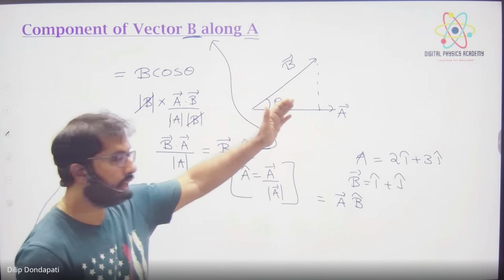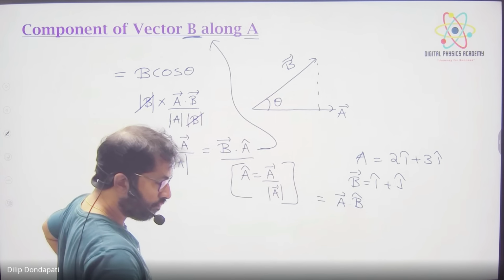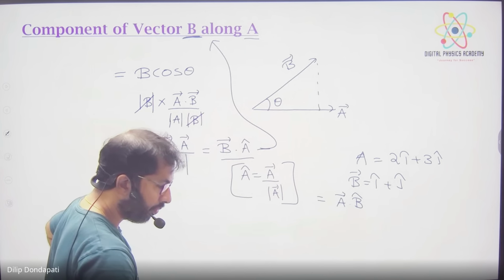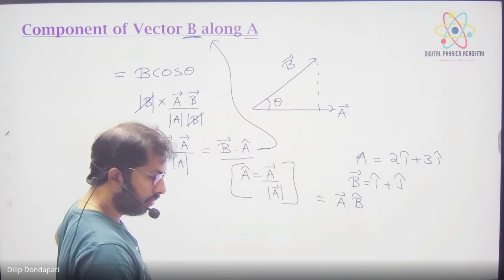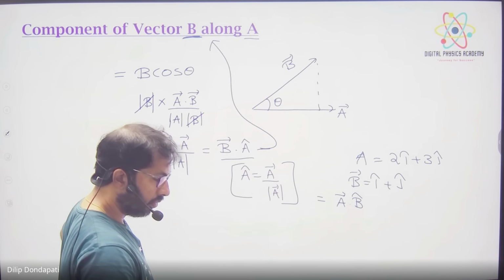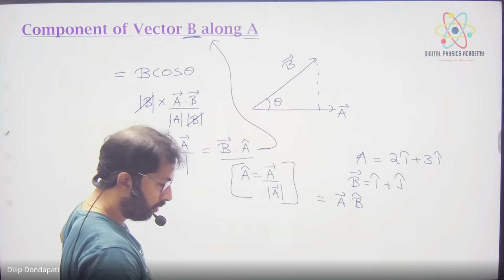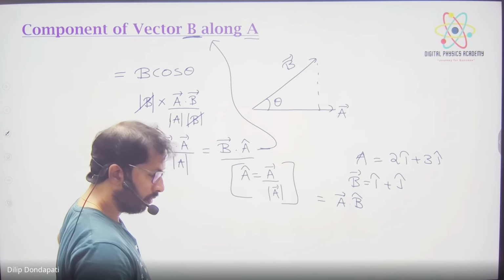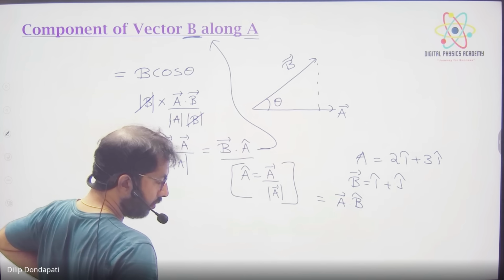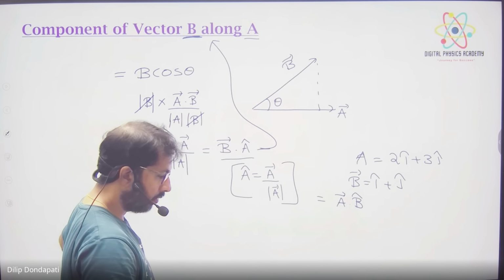Component of A along B. Five by root two. Correct.